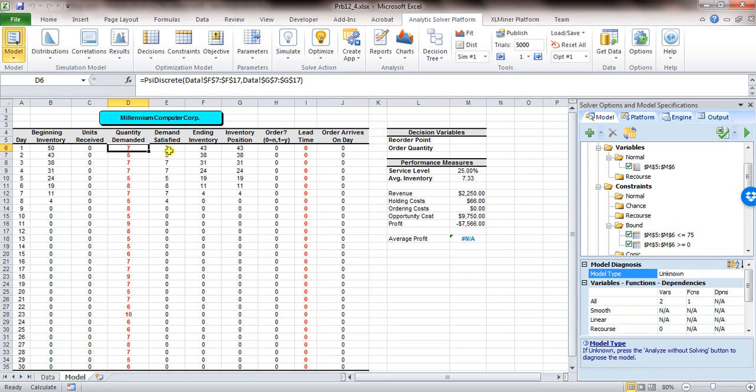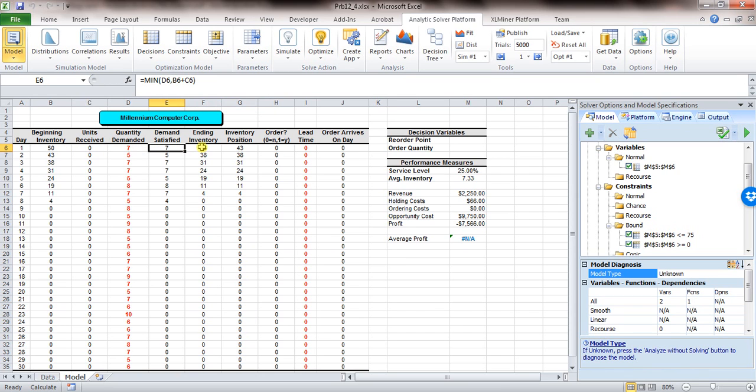Now, demand satisfied is the minimum of the quantity demanded and the beginning inventory plus units received for that particular time period.